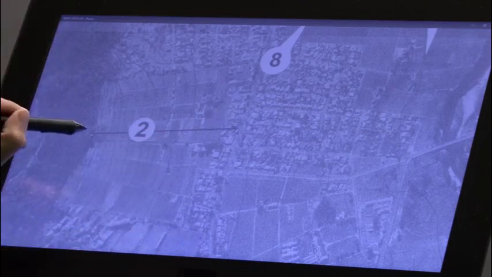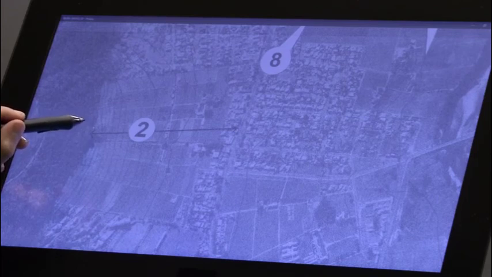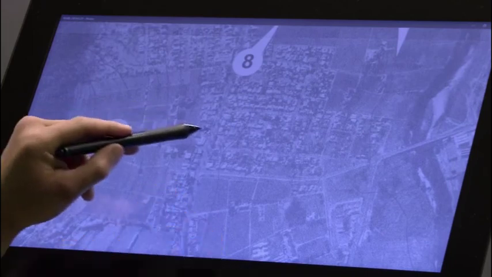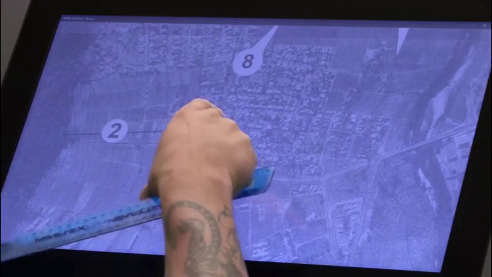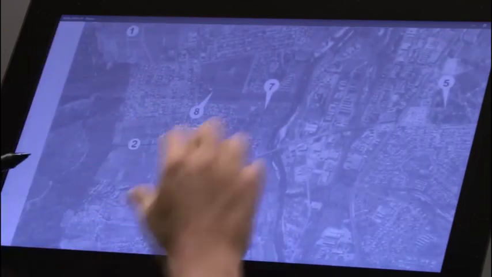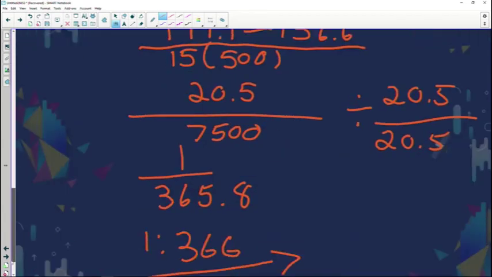So let's assume the contour line at number 2 is 1,000 meters, and the contour line on the other side is 400 meters. I'm quickly going to draw it for you over here.